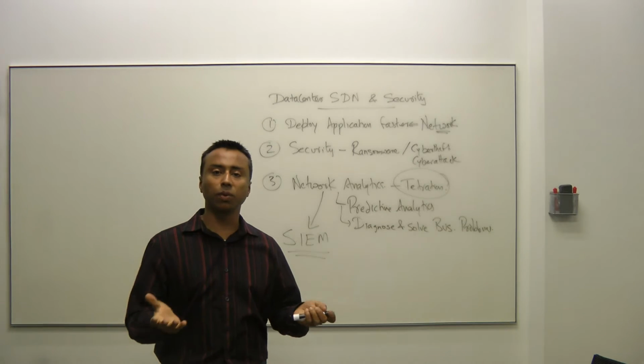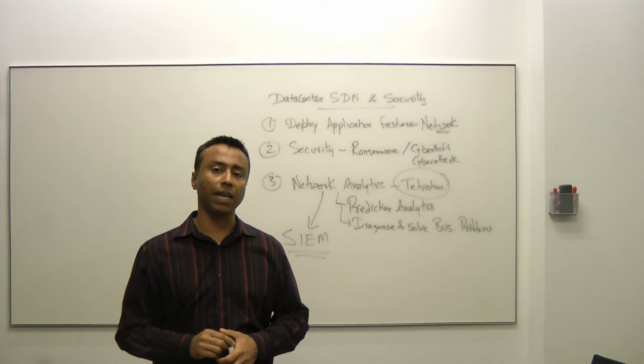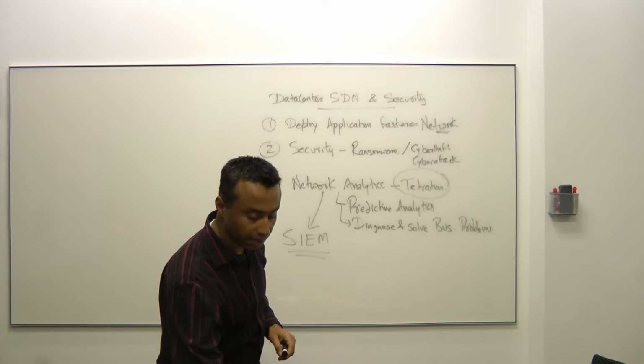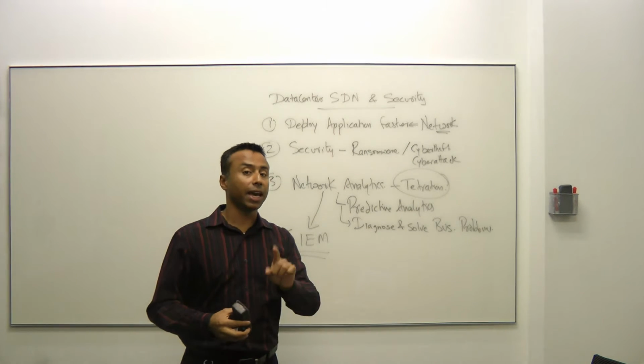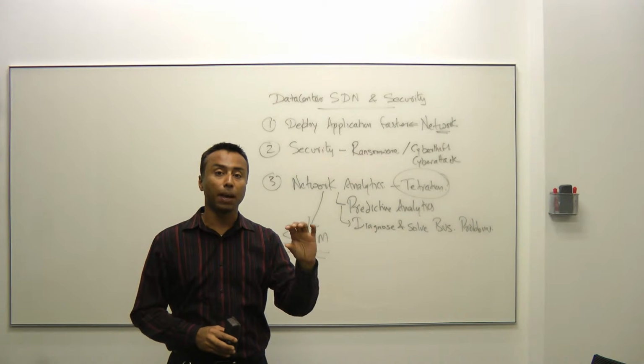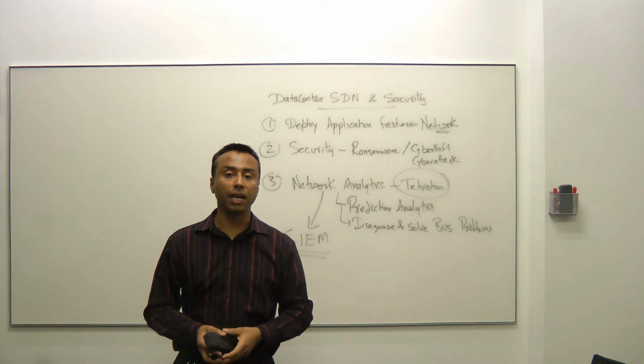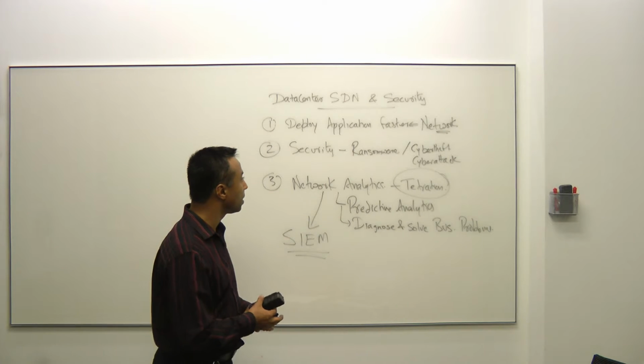So what is our solution? What is our answer to these two problems? ACI. Application-centric infrastructure. Again, remember, applications are the most important and the most relevant component inside the data center for our customers.